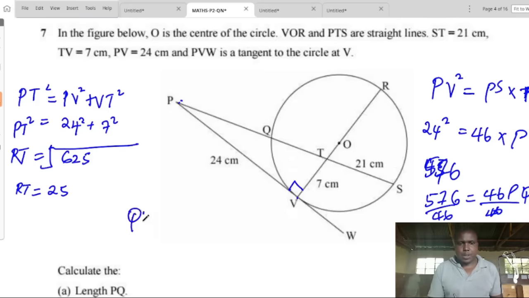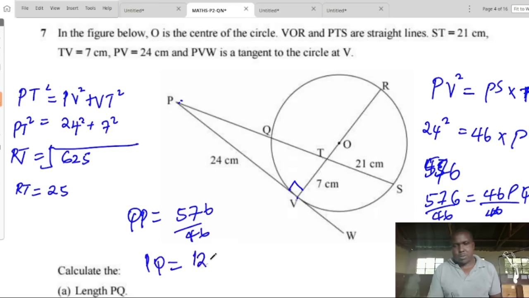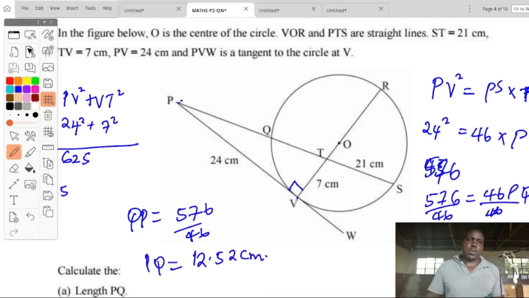Now PQ is equal to 576 divided by 46, and PQ will be equal to 12.52 centimeters. So it needed a lot of knowledge for you to solve that.